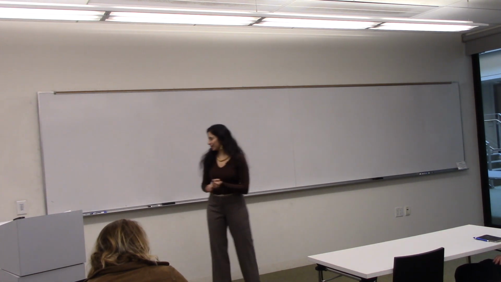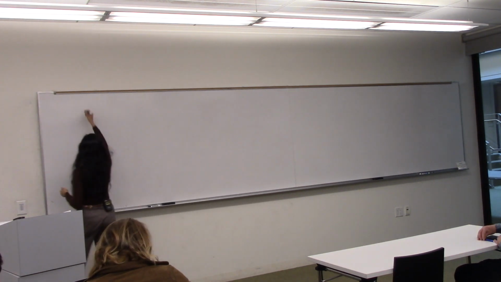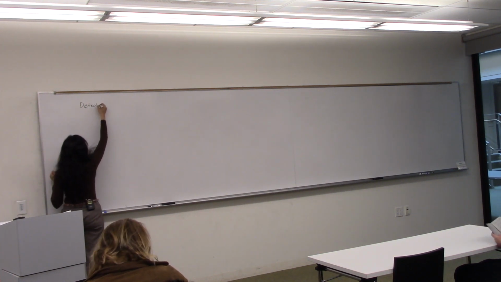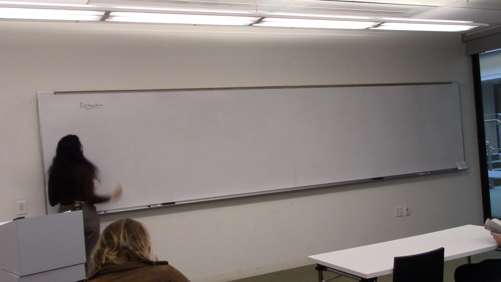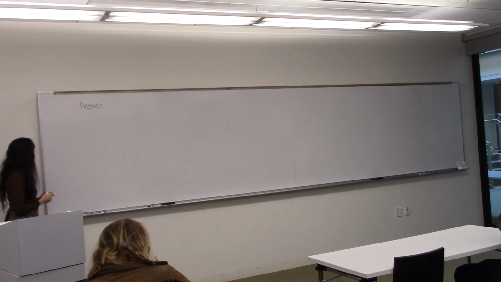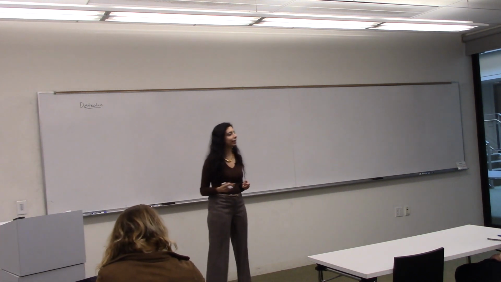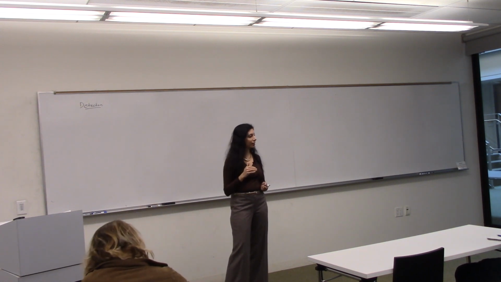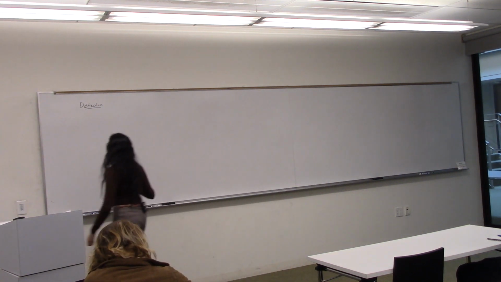So in the last class, we dove into detection. The idea was we wanted to design detectors that had some optimality properties, and then we saw several different criteria we can define for optimality.